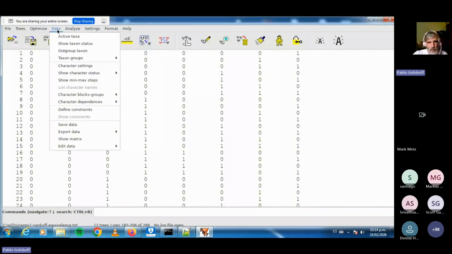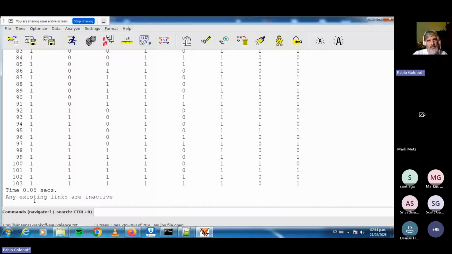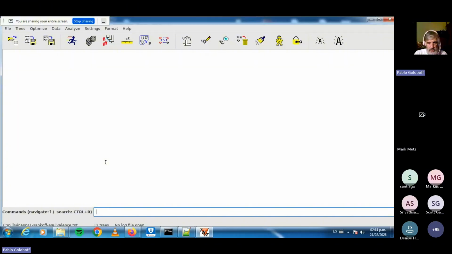And if I go to characters dependencies, current dependencies enabled, if I do this, I deactivate the existing links between characters, so that if I say, show me the combinations, it doesn't give me anything. Sorry, I'm going to clear the screen so that you see, it didn't show anything because the links are inactive at the moment.